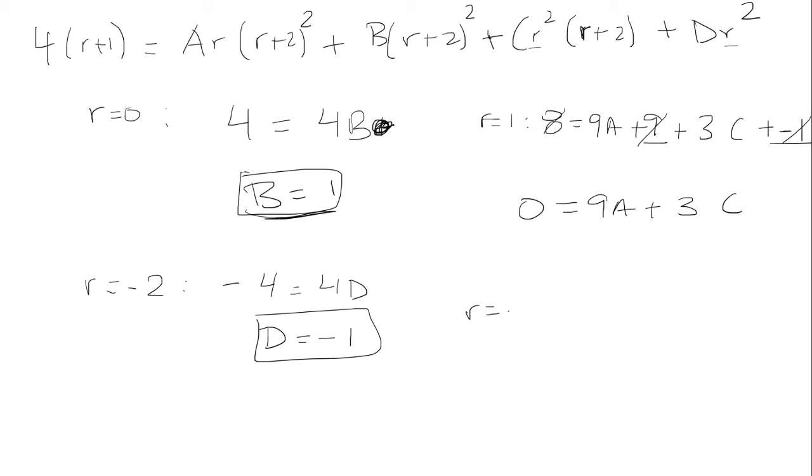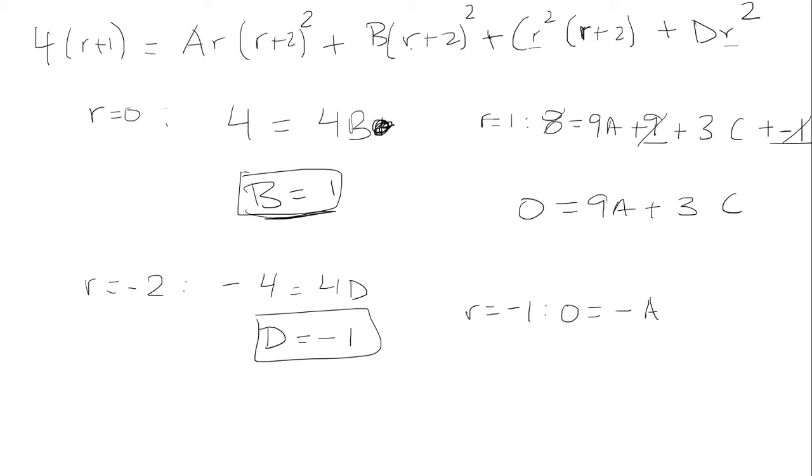I'm going to leave it as is, and then we're going to look at r equals -1. On the left, -1 is actually a good choice because it becomes 0. And then we have -A times (-1 plus 2) squared, which is 1. So that's -A.